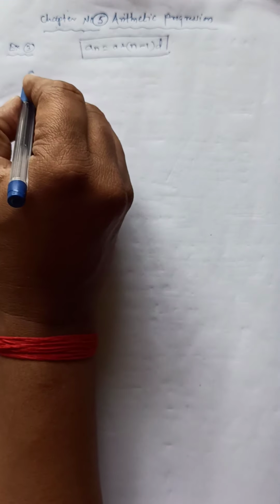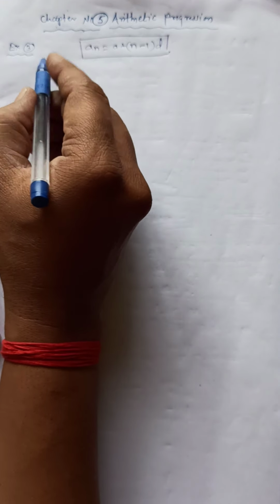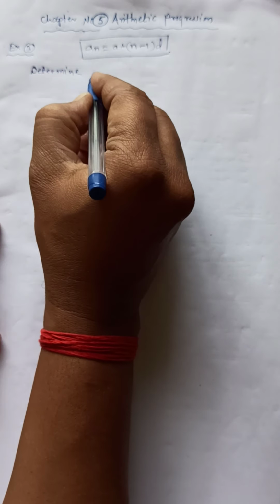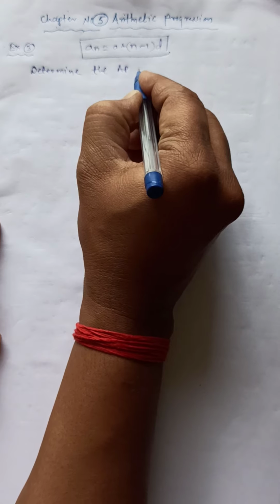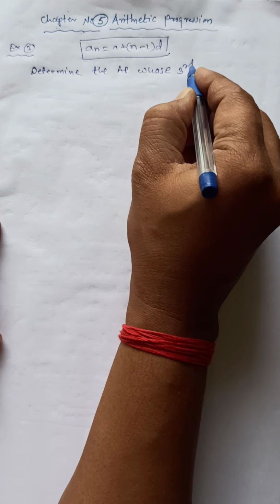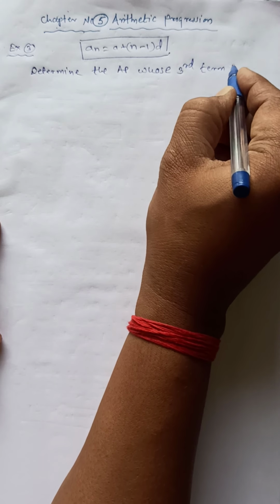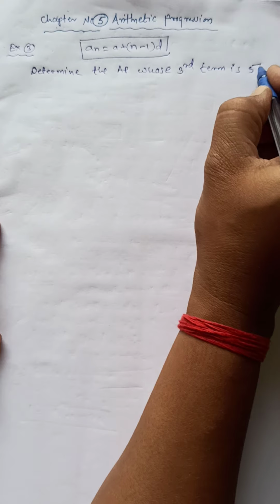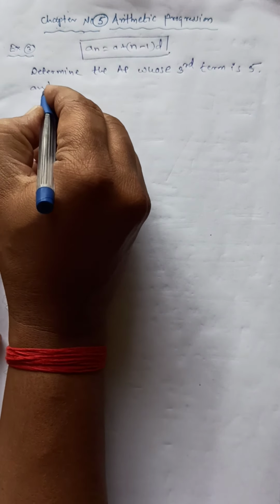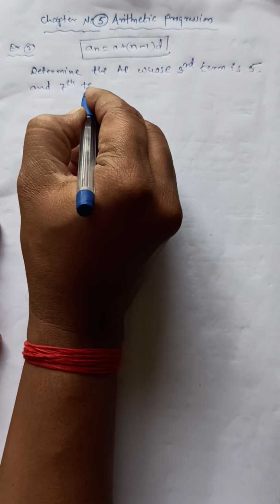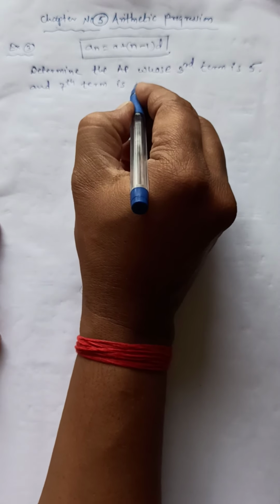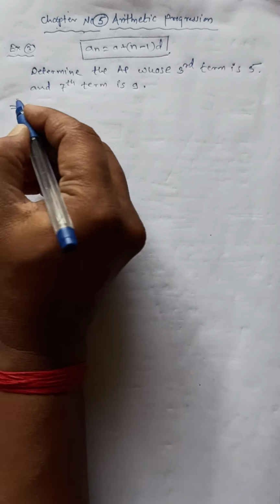For that formula, the third example is: determine the AP whose third term is given 5 and seventh term is 9.